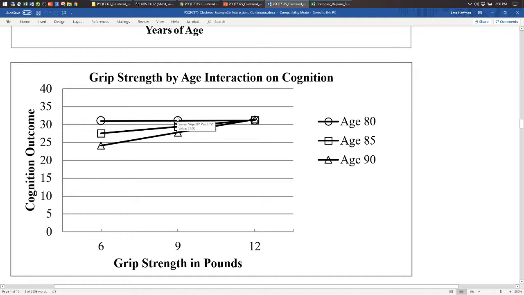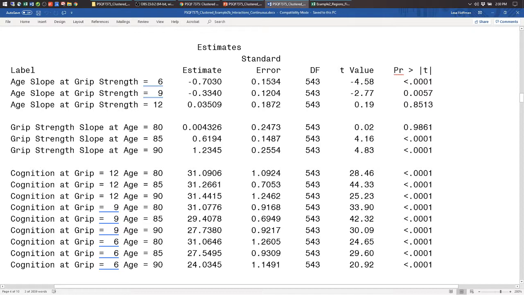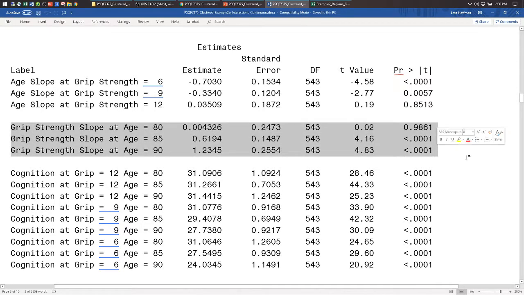Let me try that again. Significantly negative, there we go. 82 is where it turns on and is positive.